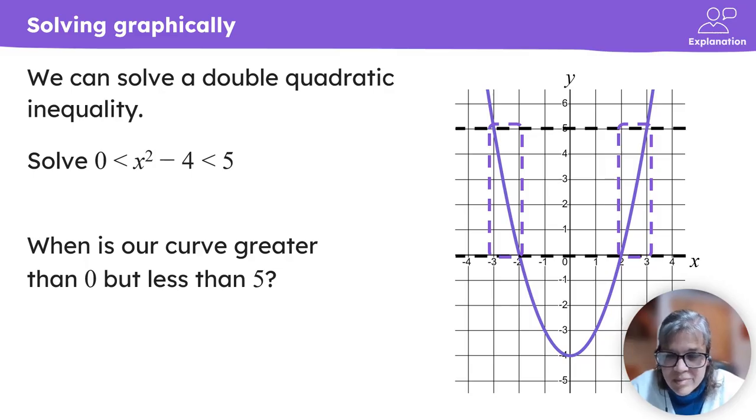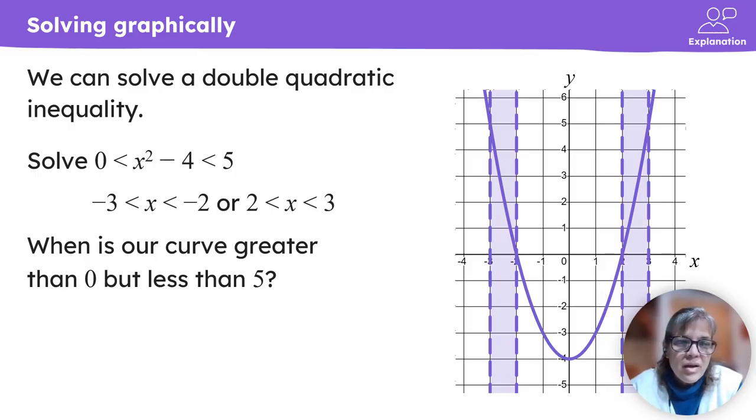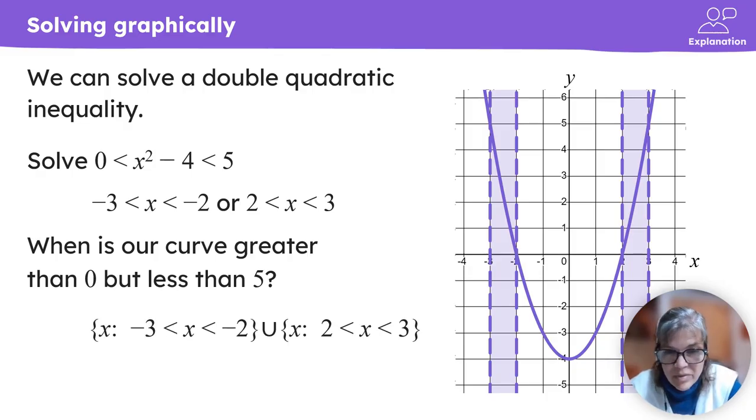It's in these two regions, where it's between 0 and 5 for the y value. And so the x value there would have to be between minus 3 up to minus 2, or it could be between positive 2 up to positive 3. So that helps. Again, you could write that down in set notation, and it's the union of these two places.